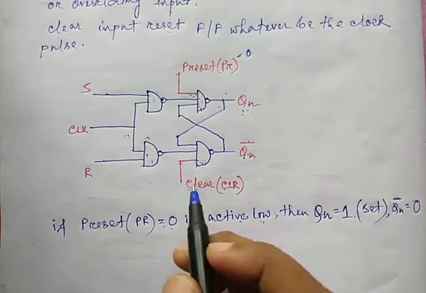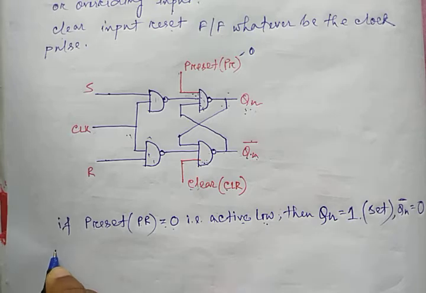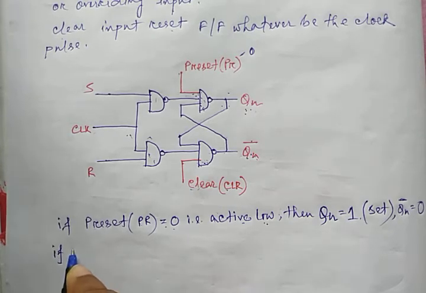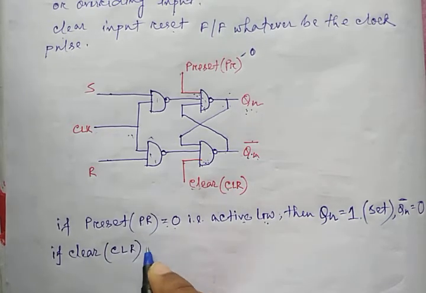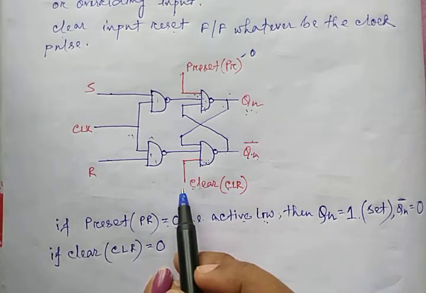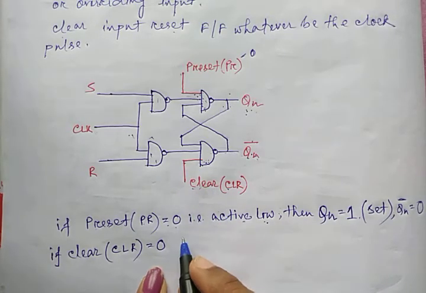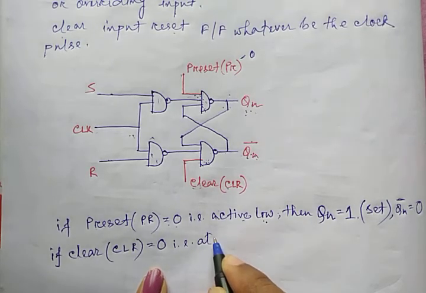In the second condition, if clear, CLR, equals 0, that is if we feed 0 value in the clear input, clear also means active low.